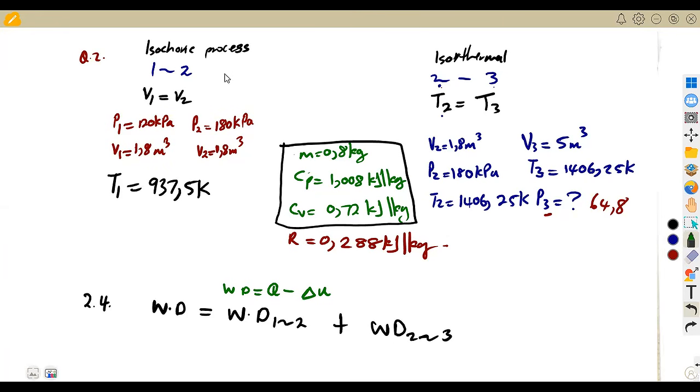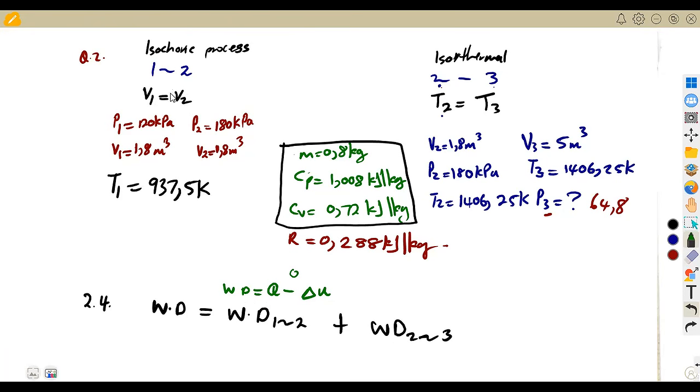Under the isochoric process, the heat added or rejected is the same as the change in internal energy. So these two are equal, and once they're equal, you're going to have a 0. Please take note. Or if we use the pressure and the change in volume, we see that these 2 volumes are equal.